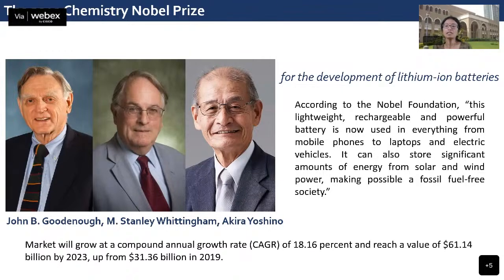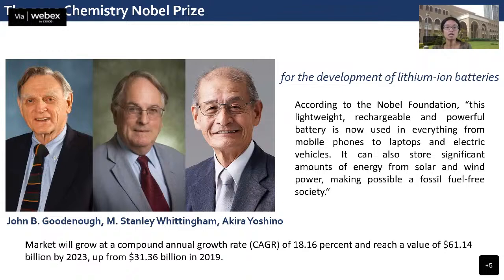So it was a long-awaited Nobel Prize, which ultimately came in 2019, because as we all know, lithium-ion batteries have completely changed the way we function. We cannot think of a life before the LIBs came into the picture. Currently, this is an $18 billion industry, and it is going to increase.